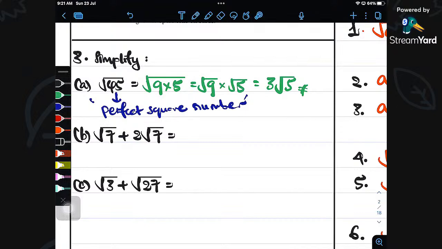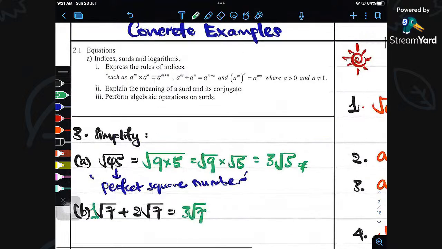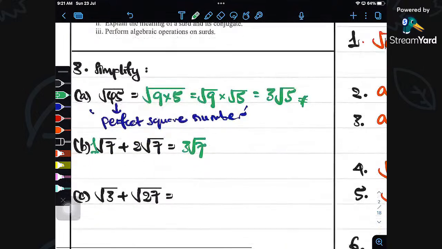And therefore pelaksanaan dia punya calculation dia juga berbeza. It means that the answer is 3 square root 7. Wow, how do I got it? This is actually 1. Okay, from a concrete example here, this is actually 1. It is sort of like 1x tambahkan dengan 2x bersamaan dengan 3x.